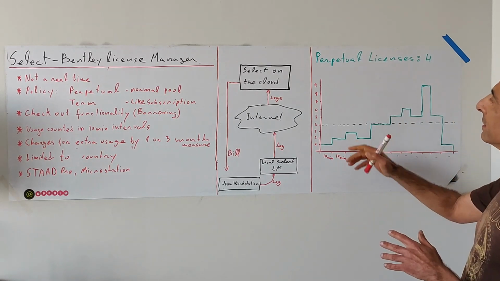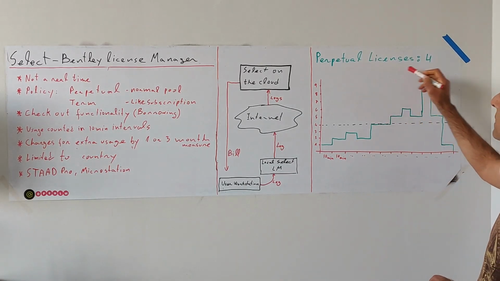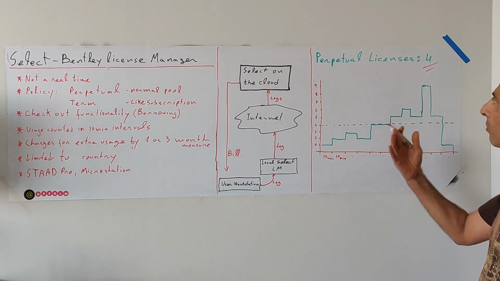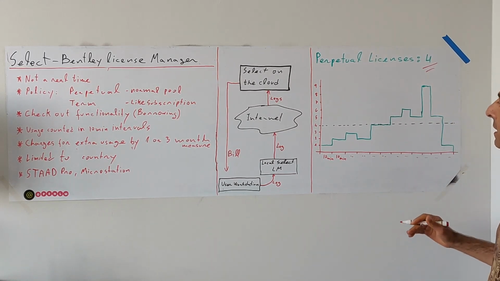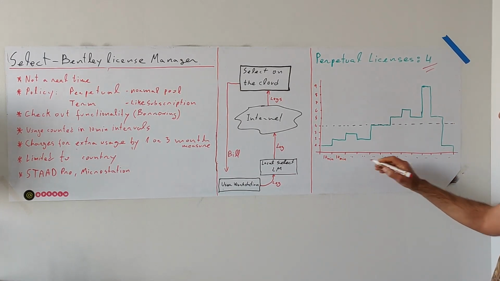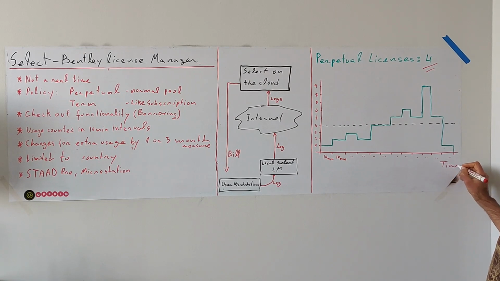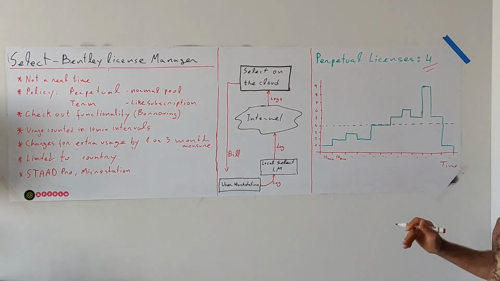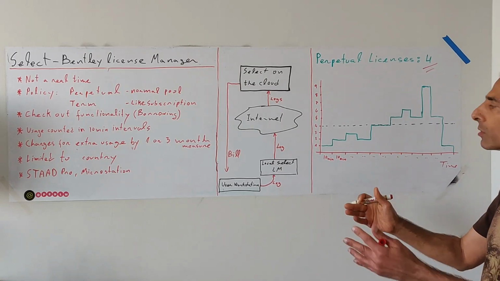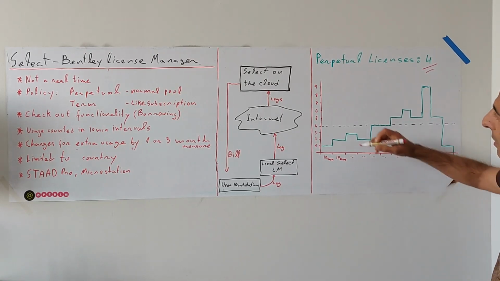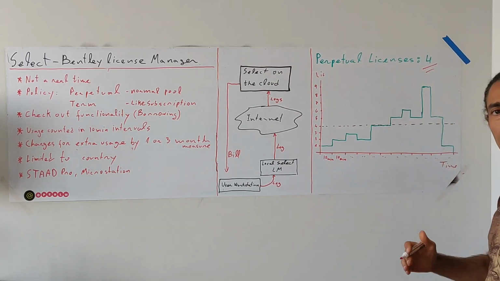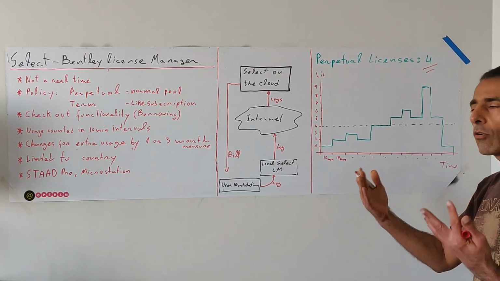So if we look here, in this case we own 4 perpetual licenses. And let's look at the period. What I have here on the time axis is only 2 hours, but it's the same if it's 2 months, a quarter or a month, it's exactly the same. On this axis I have a concurrent consumption of licenses.